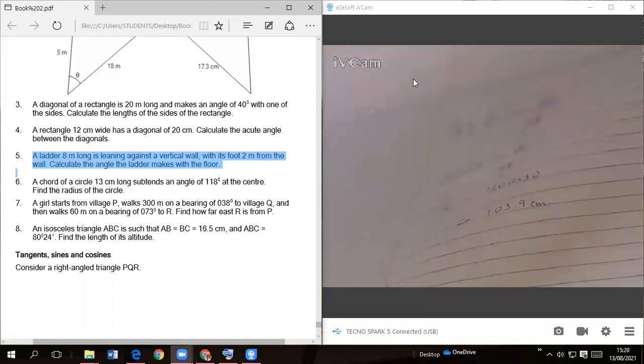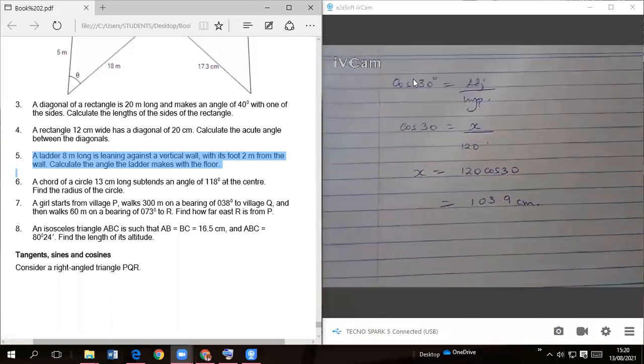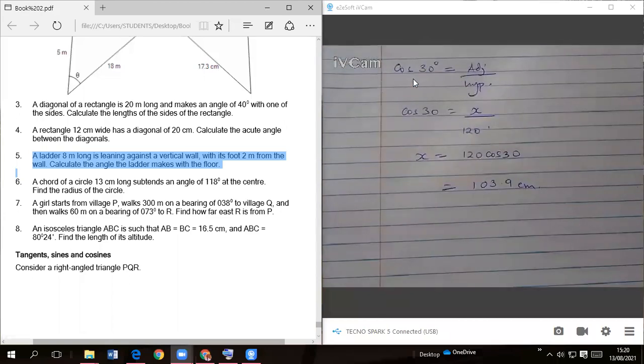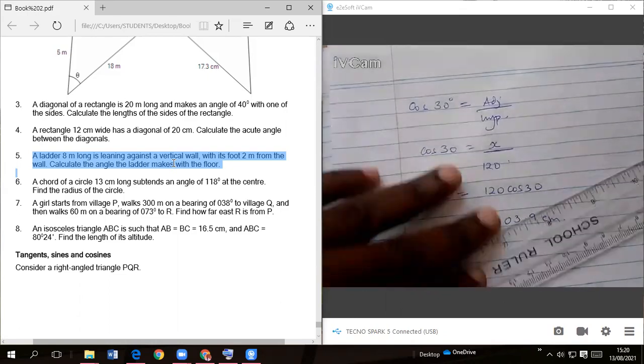So let us look at number 5, and see how to get the angle that the ladder makes with the floor. They are saying that a ladder 8 meters long is leaning against a vertical wall with its foot 2 meters from the wall. Calculate the angle the ladder makes with the floor. So in these minutes, let us finish this.